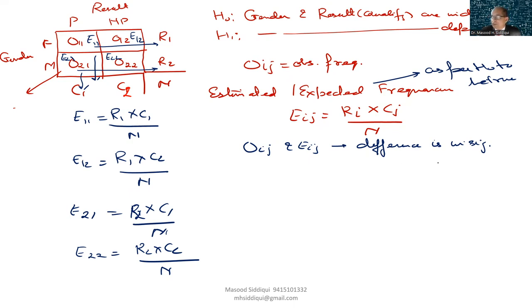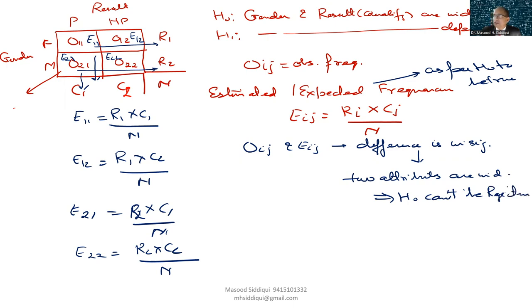So if the difference is insignificant, it suggests that the two attributes are independent, which means H naught cannot be rejected. Otherwise, we will be rejecting H naught.